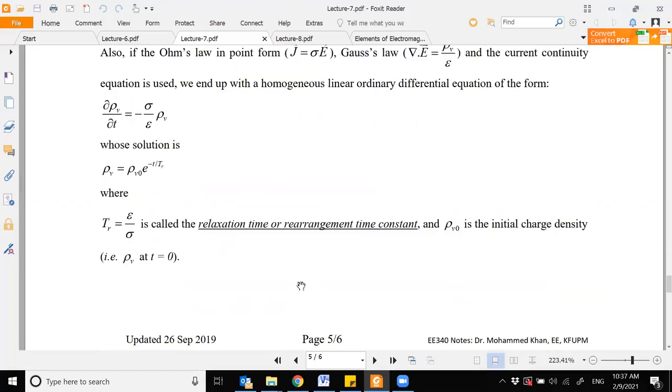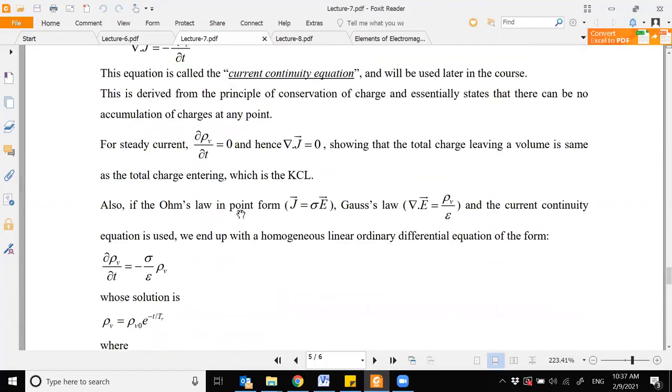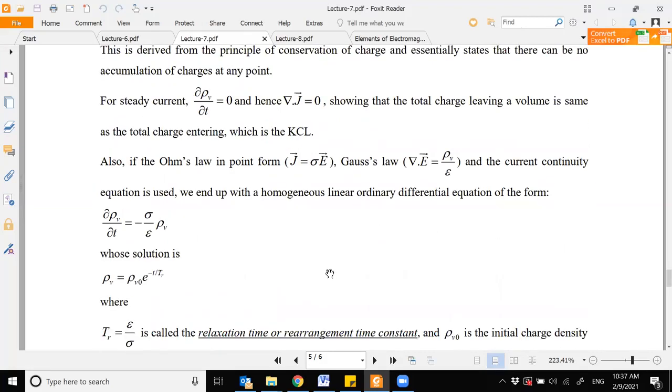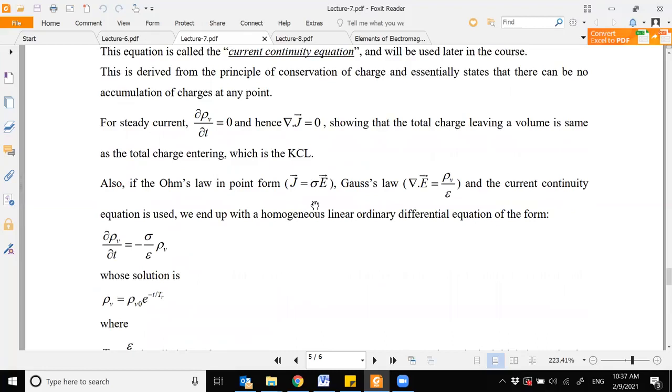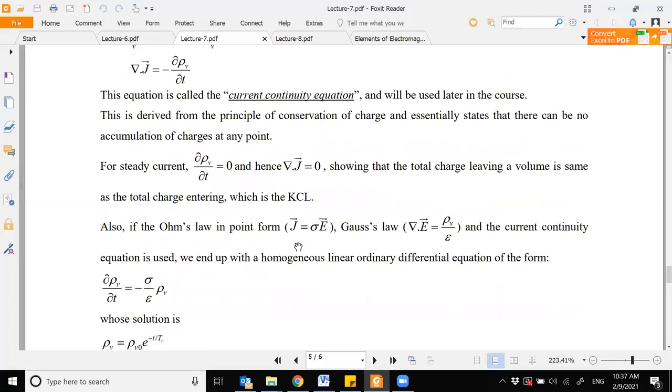And this is one more small thing. Here we are trying to use Ohm's law, which is J bar is sigma E bar, and Gauss's law.